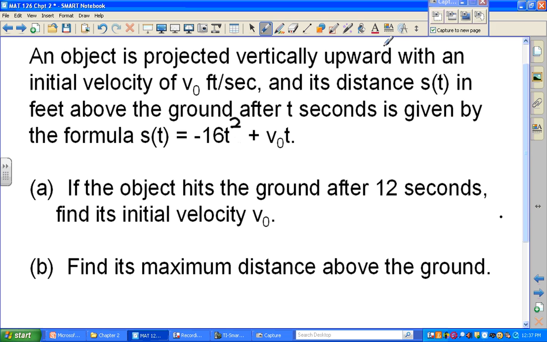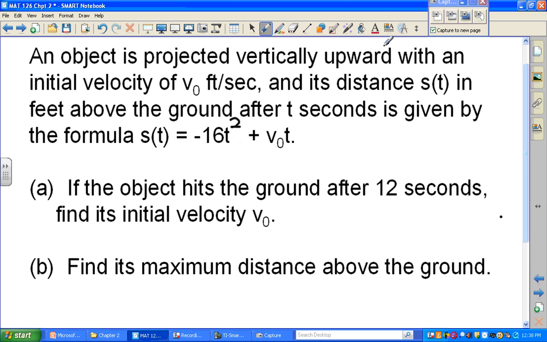Anytime something goes upward, gravity is doing what? And down would be a negative. And what's the gravitational constant in feet? Not 16. Well, in this equation, you cut it in half. It's actually -32 feet per second squared, I believe. Something like that. But anyway, it's -16, so that's a tip-off.